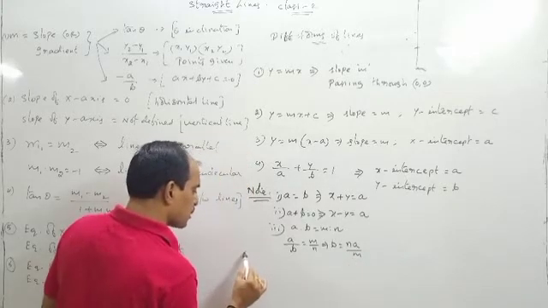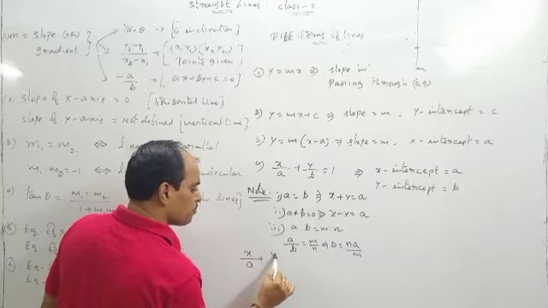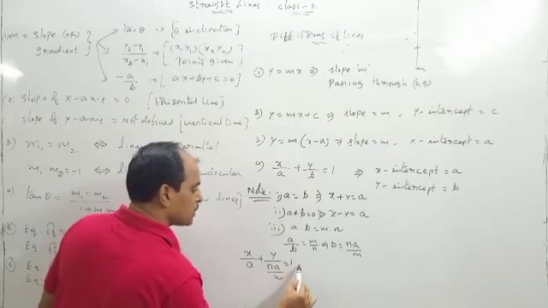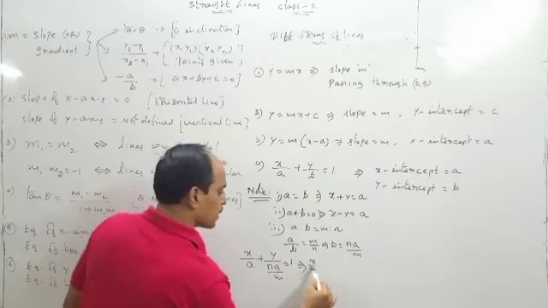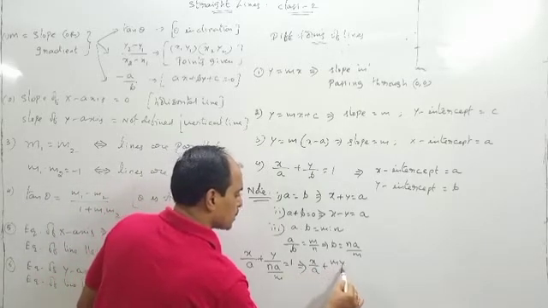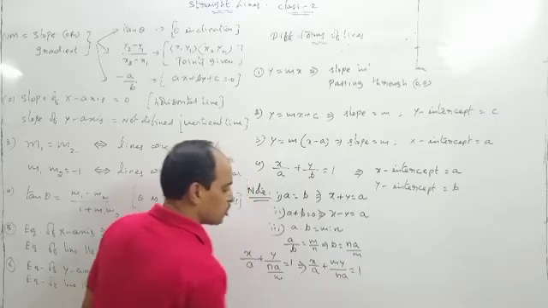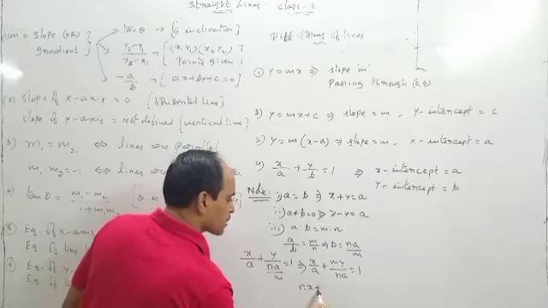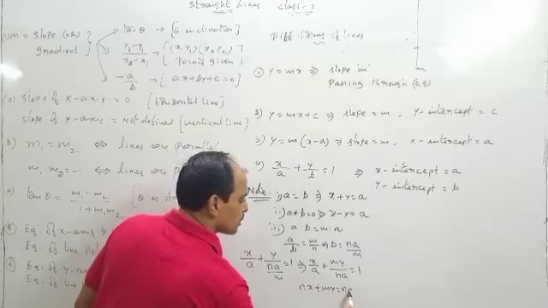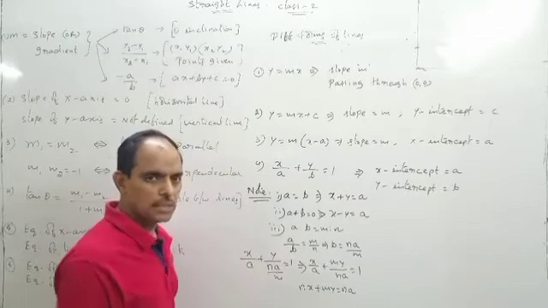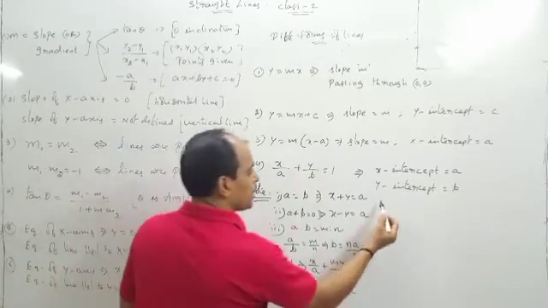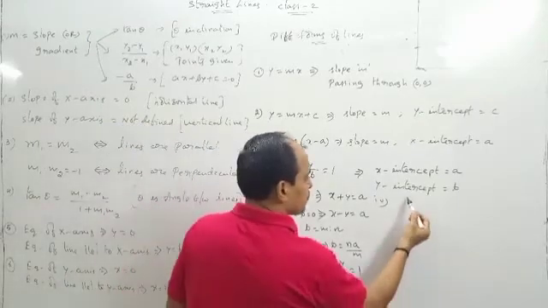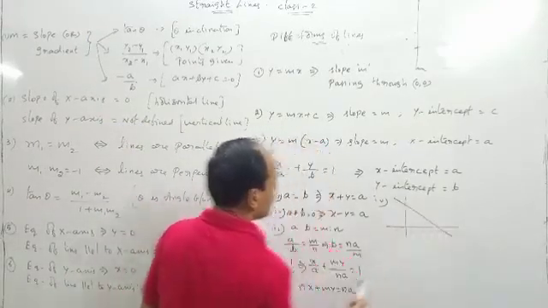The equation becomes x by a plus y by (na by m) equals 1, so x by a plus my by na equals 1. The LCM here is na, so nx plus my equals na. This is one more point, and this will be the equation of the line.